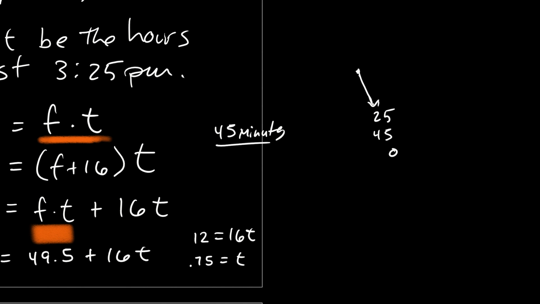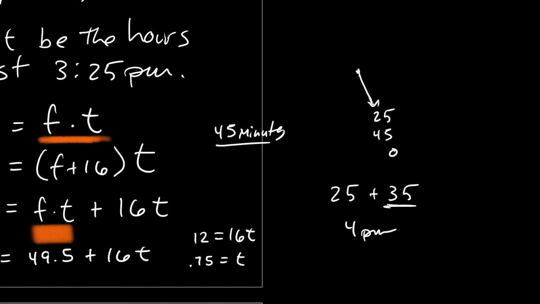Let's do it this way. 25 plus 35 minutes. If I take 25 after 3 and I add to that 35 minutes, it's going to make it 4 p.m. But I just used 35 of those minutes, so I got 10 more minutes left over. 45 minus 35 is 10 minutes.